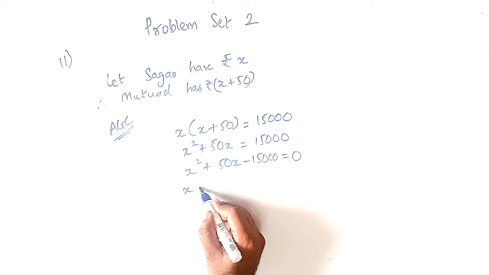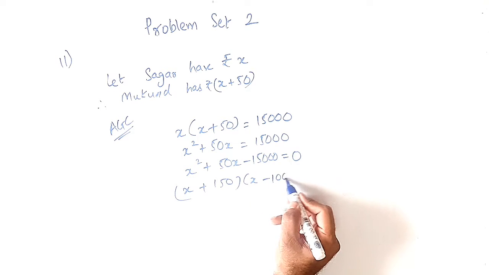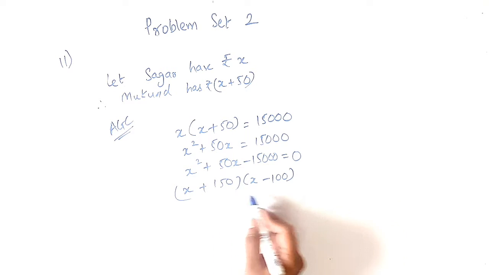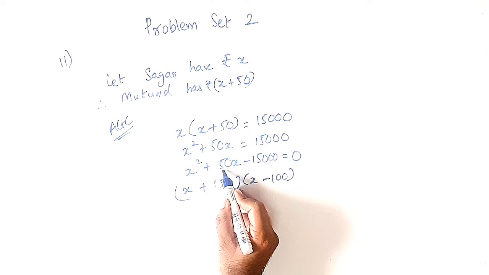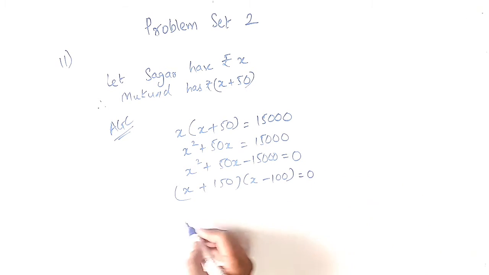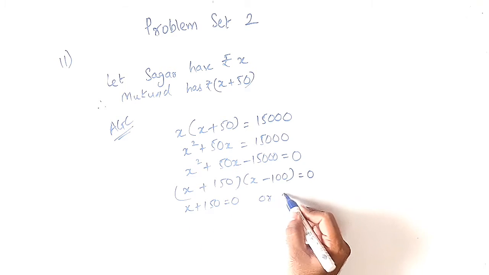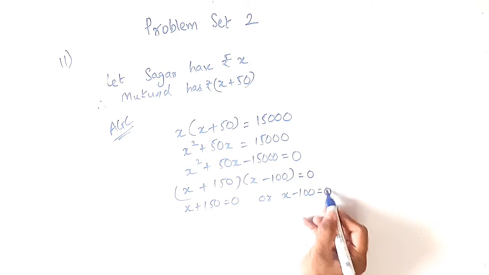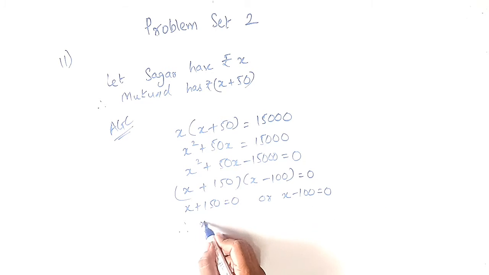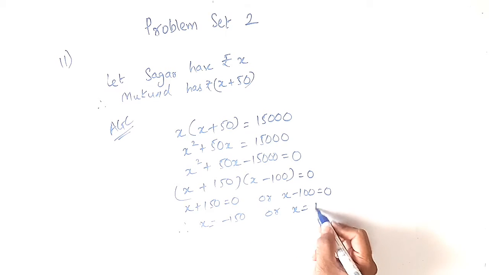It is very simple: 150 and 100. 150 minus 100 is 50, and if I multiply these I will get 15,000. So x plus 150 equals 0, or x minus 100 equals 0. Therefore x is equal to minus 150 or x is equal to 100.